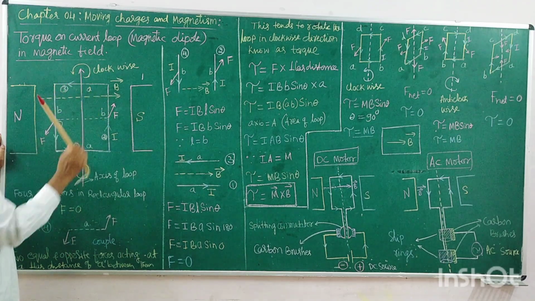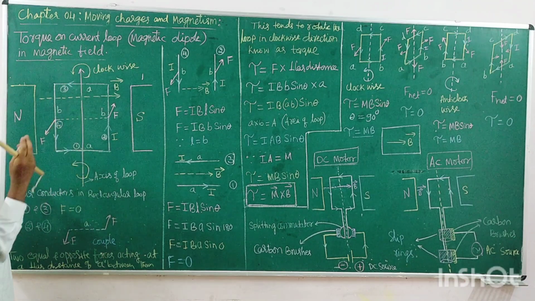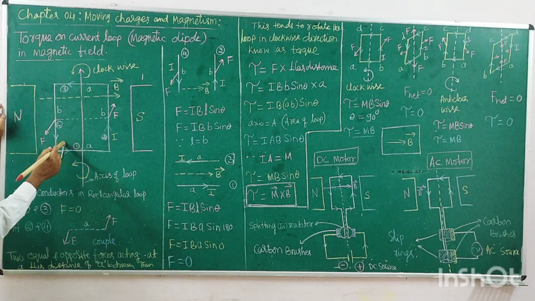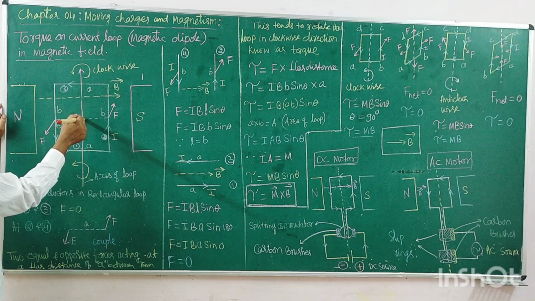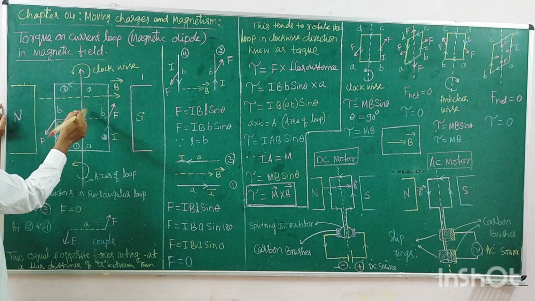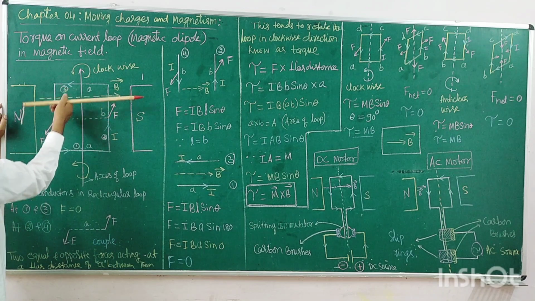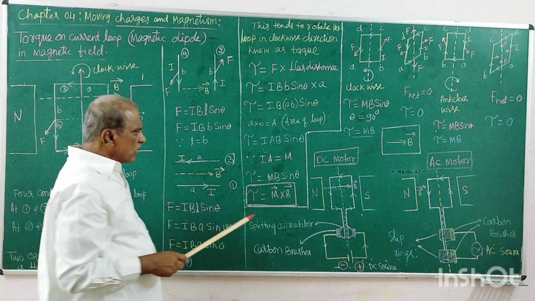If this loop is in the same orientation as written here, with the plane on the board, the magnetic dipole moment of this loop is in this direction. This direction and this direction, which is the direction of B, are perpendicular in this orientation.